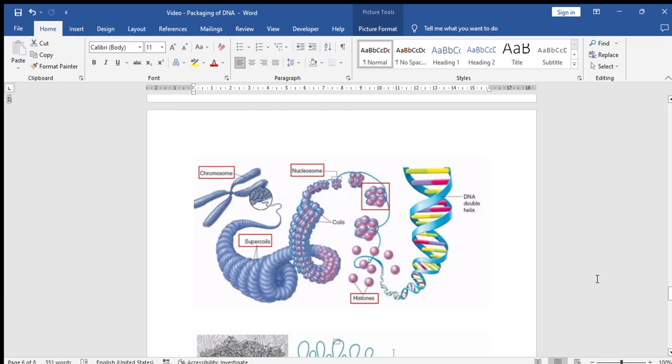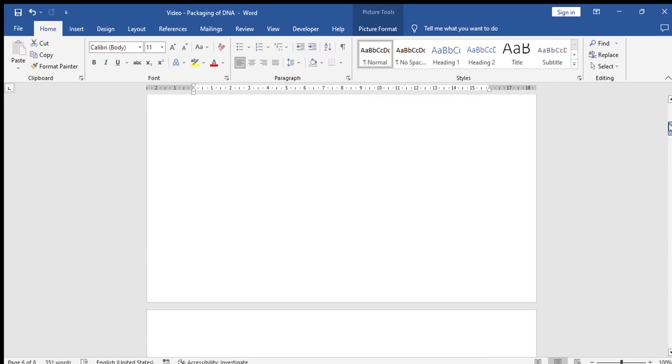This is what is to be explained, to make children visualize this. So it's all about this.